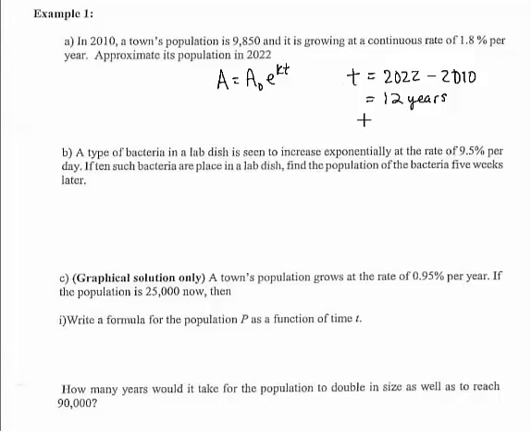So that's going to be our T. And all there's left to do now is to plug in our initial population, 9,850, the natural exponential function, and K, which we write into our function as a decimal number. Percent converted to a decimal, we move the decimal point to the left 2 places. And now we put in our T, 12.